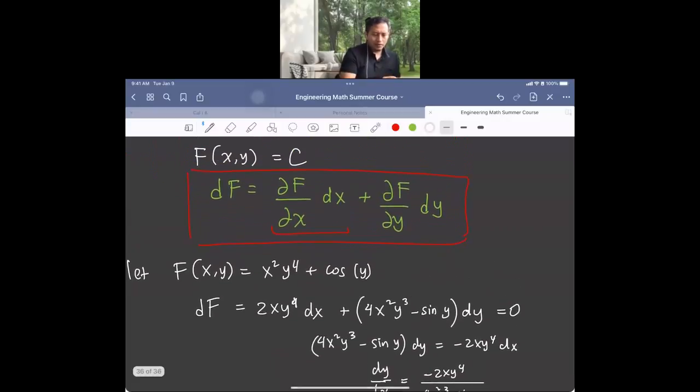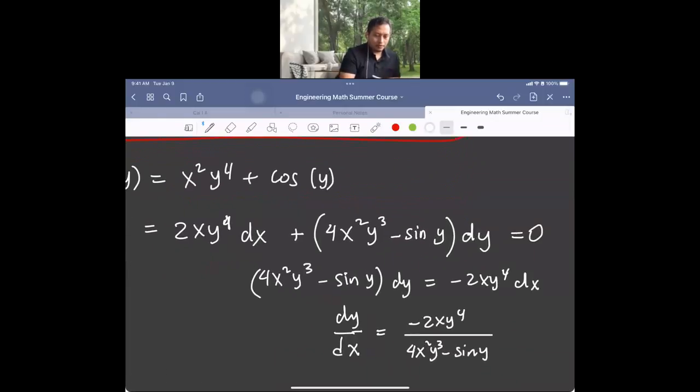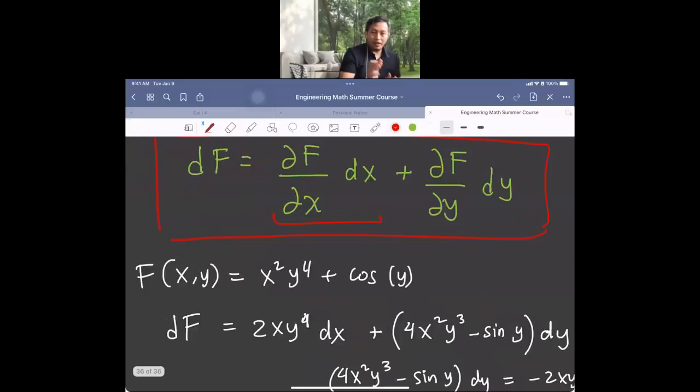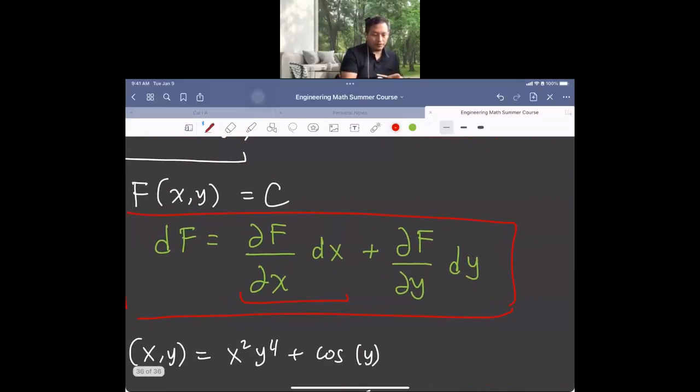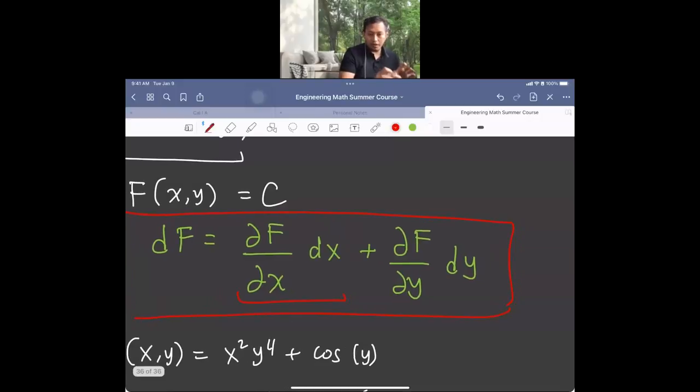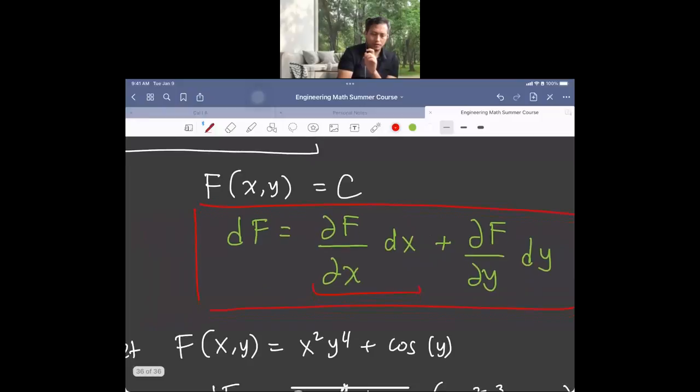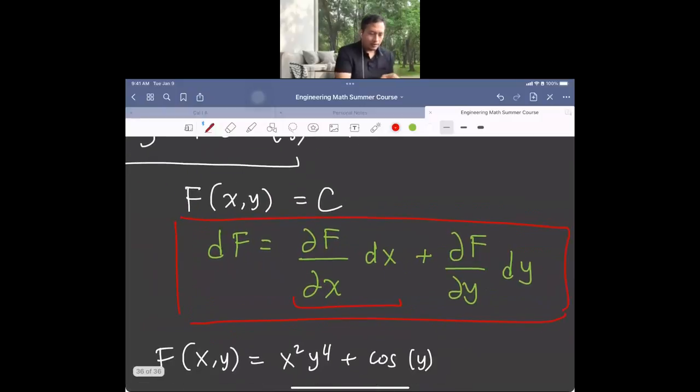Okay, now if we have this kind of dy dx equation here, if we can define and make out a structure of partials like this, df equals partial f partial x dx plus partial f partial y dy, if we can make out this as our structure, then we can tailor the solution and make out the solution as the original equations.